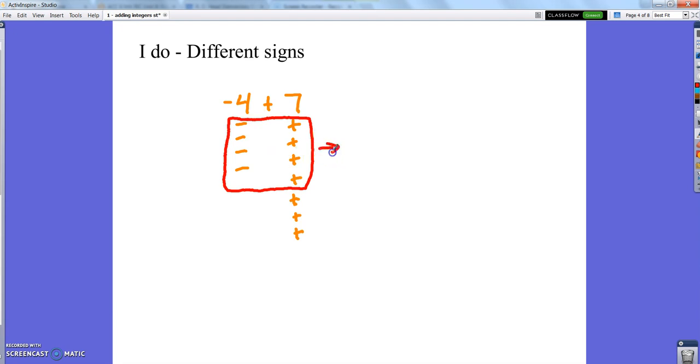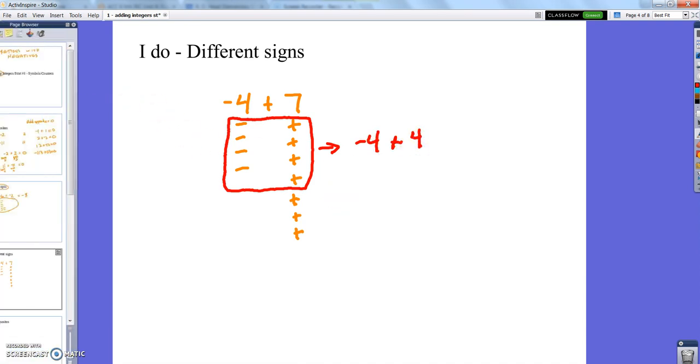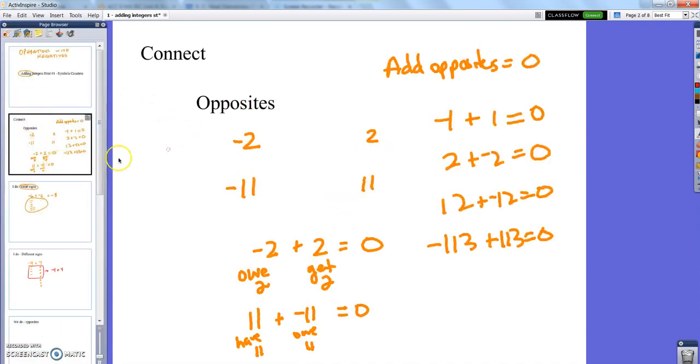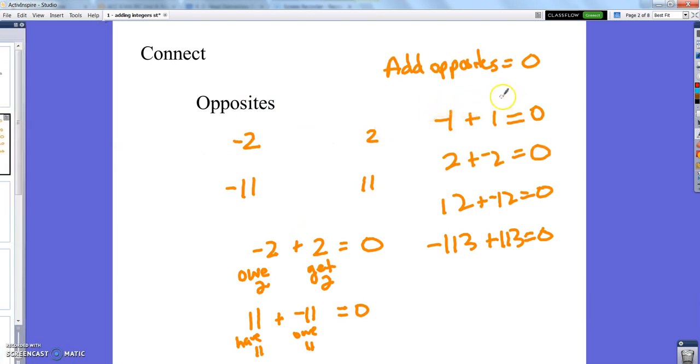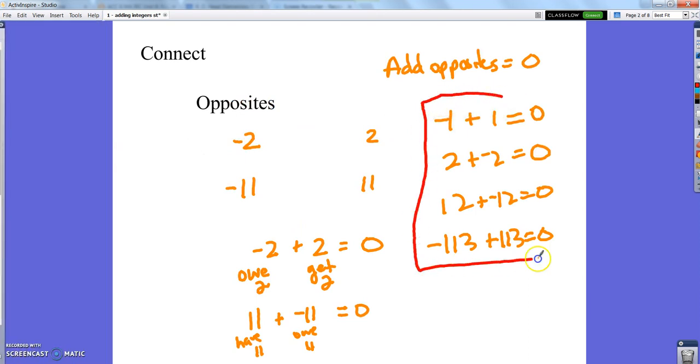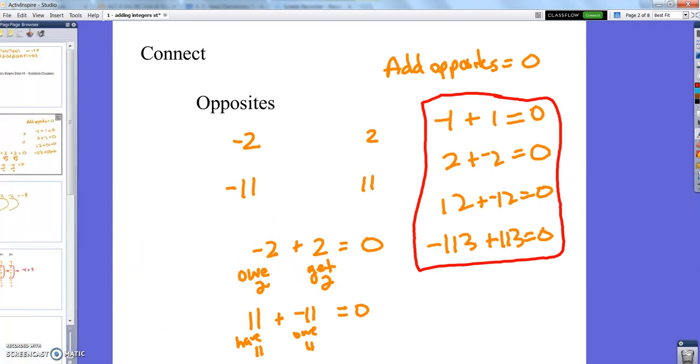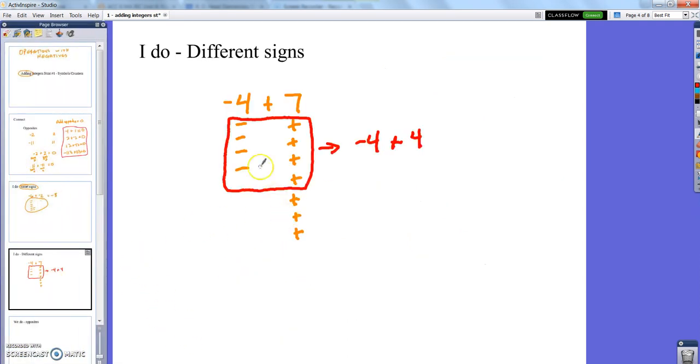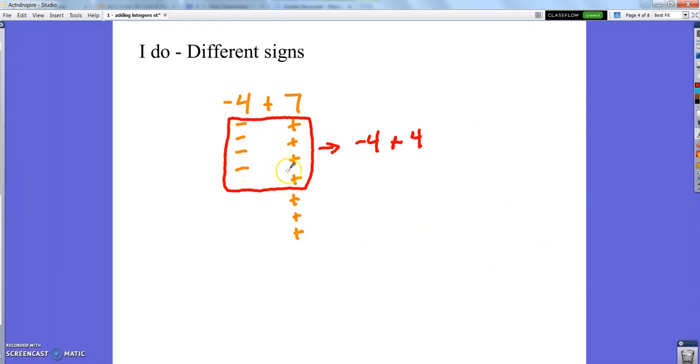That is negative 4 plus positive 4, which we know from back at the Connect, the whole point was if you ever add a number to its opposite, you get 0, right? So when I shake up the bag, so to speak, I'm going to put these 4 negatives with these 4 positives, and all of this is going to equal 0.